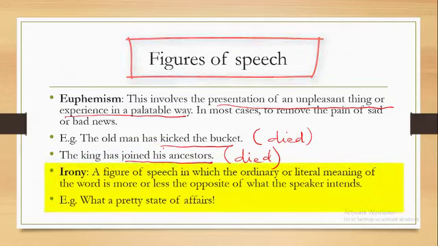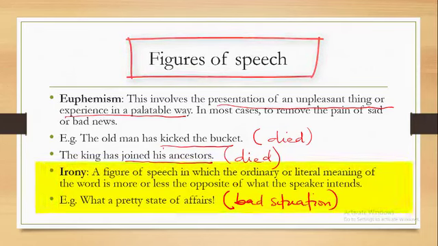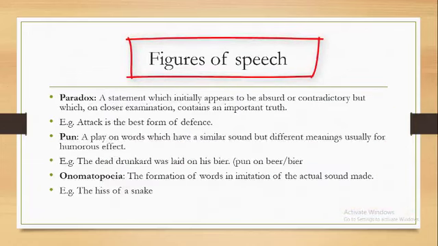For instance, what a pretty state of affairs. If you say this, what you actually mean is that things are bad. It's a bad situation. But the way you said it is the opposite. Say, what a pretty state of what? Affairs. But the original intention in your heart is that it is a bad situation.